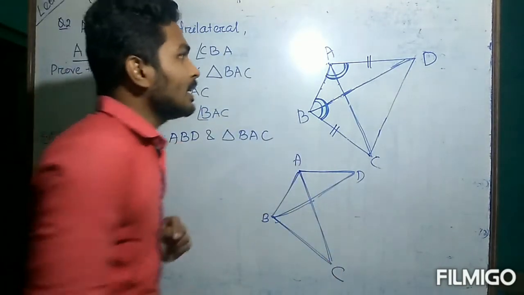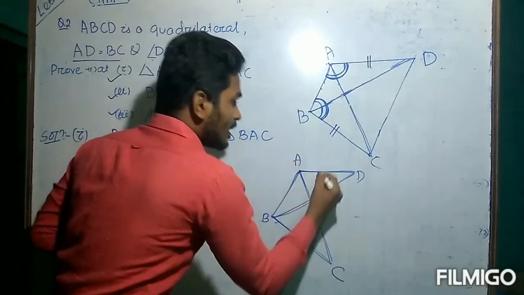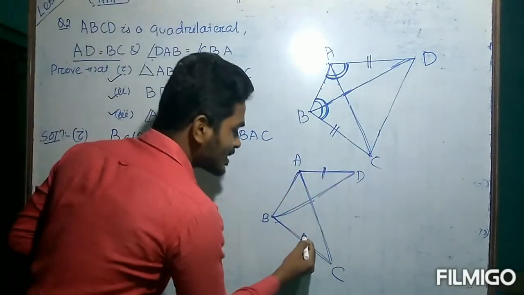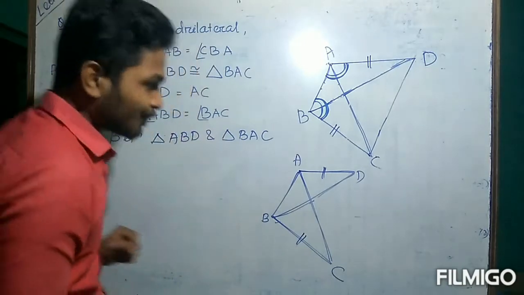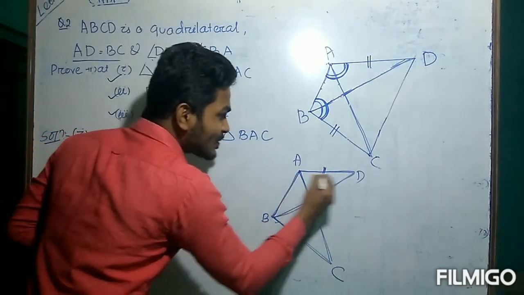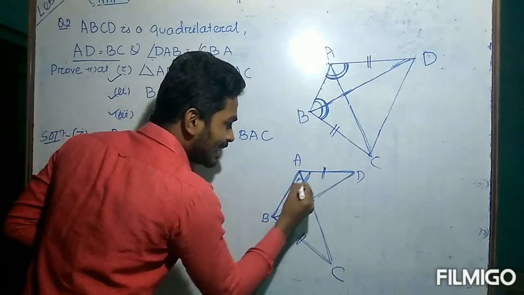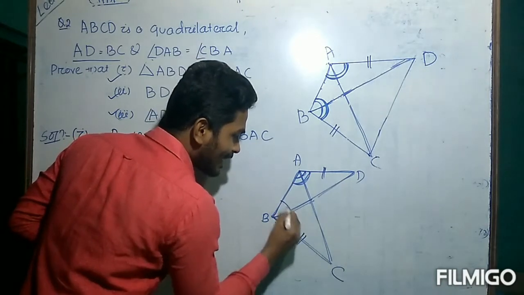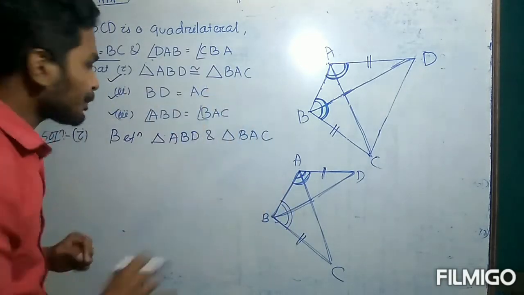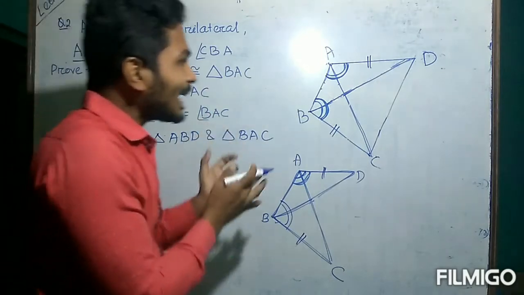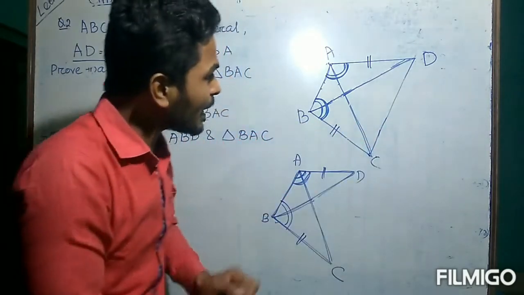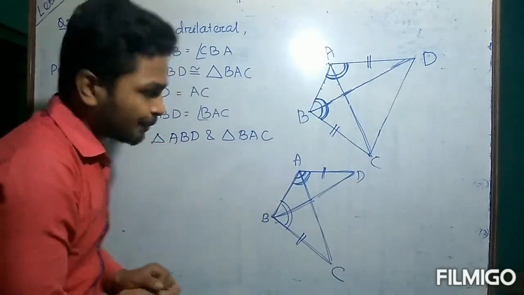This is the first triangle, and this triangle. And it is given that this distance is equal to this distance. Clear? And in this triangle, this angle is equal to, in this triangle, this angle, which is given already. So let us identify which corresponding parts among these two triangles are equal.